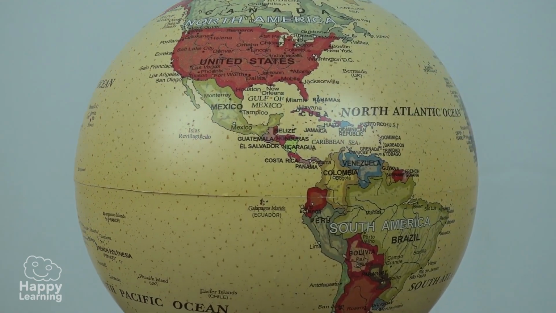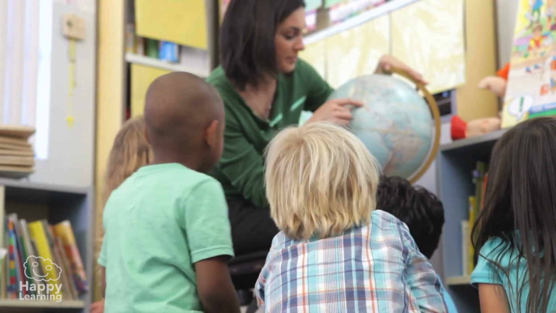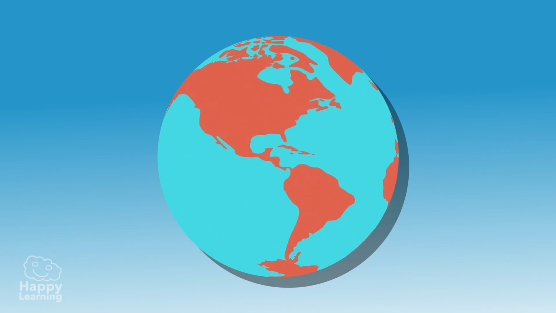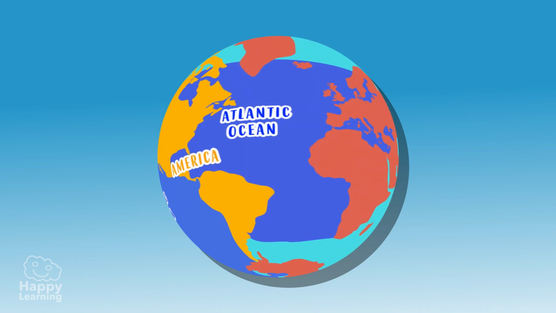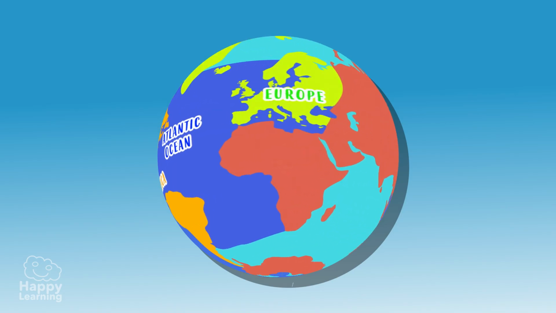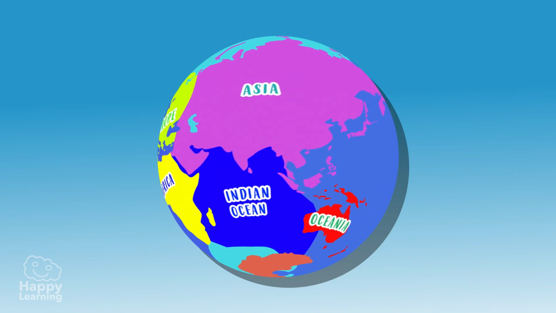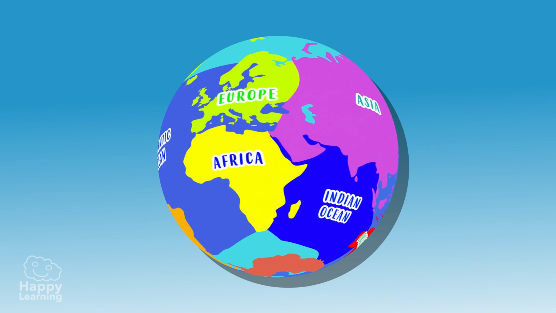The globe is a sphere, an exact representation of the Earth, but in miniature form. It allows us to locate absolutely all the continents, islands, and oceans in their corresponding places. Incidentally, the oceans are always painted blue.